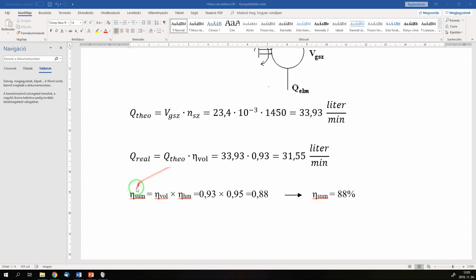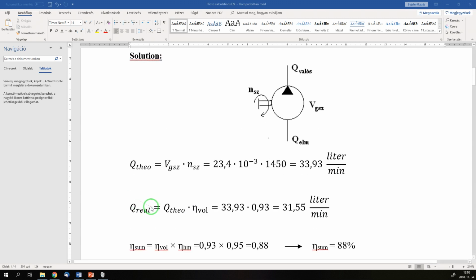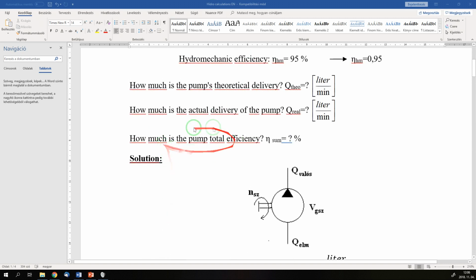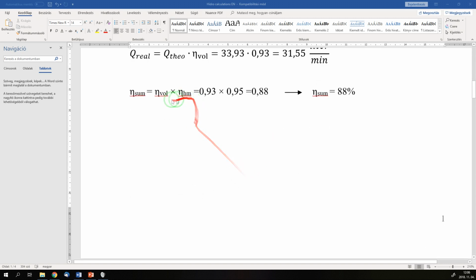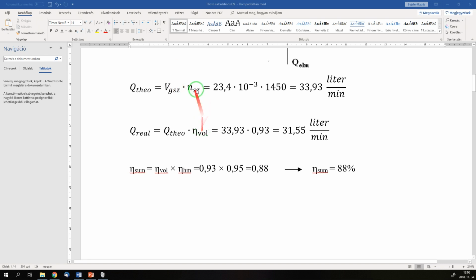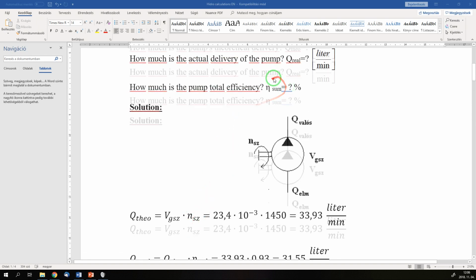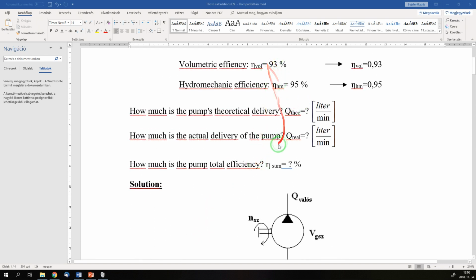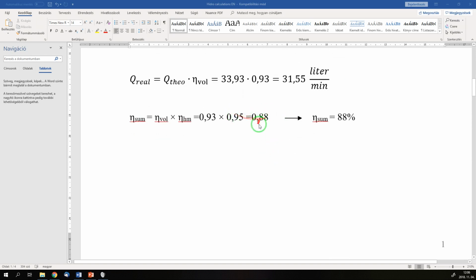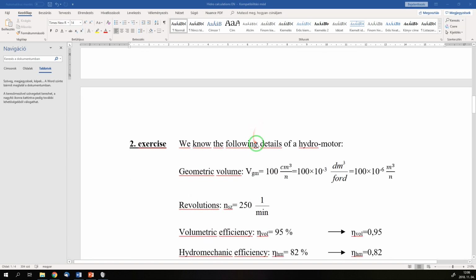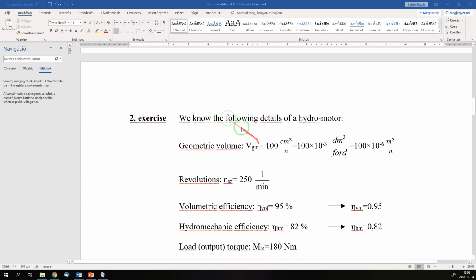Simple as that. And the total efficiency is these two multiplied. Okay, very easy. The second exercise is not so easy anymore.